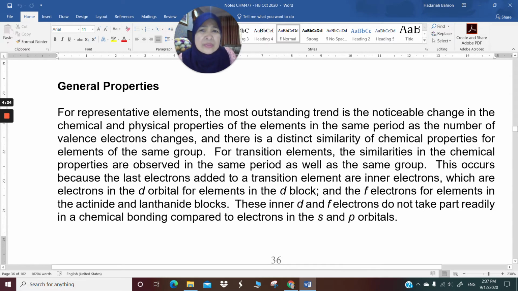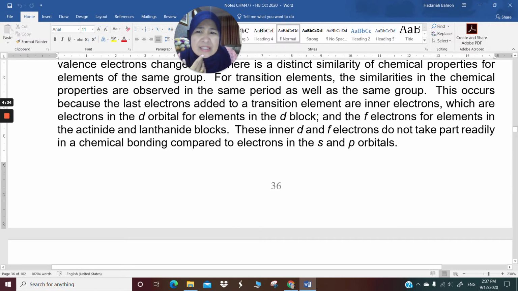There is also a very noticeable change in the chemical and physical properties of metals as you move from left to right. For transition elements, the similarities in the chemical properties are observed in the same period as well as in the same group. Same group means in the same column.